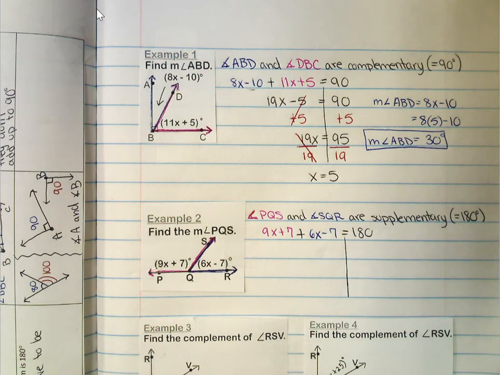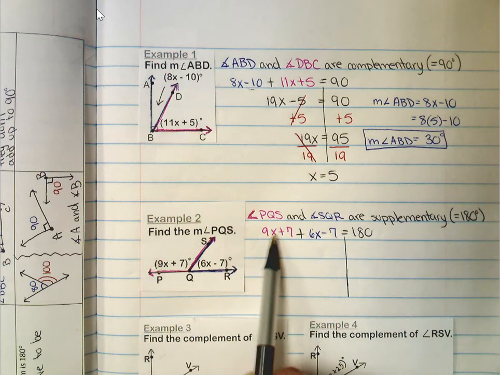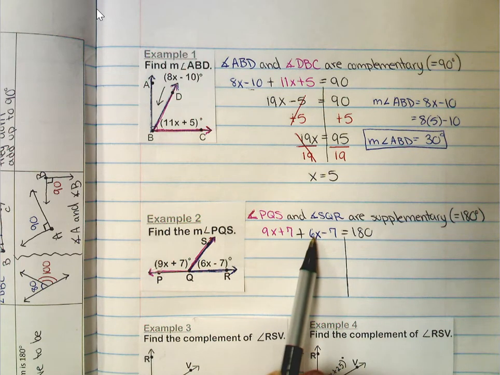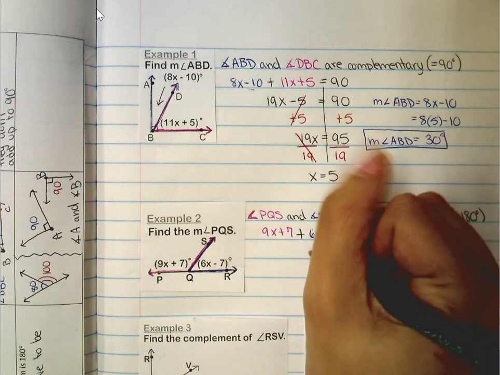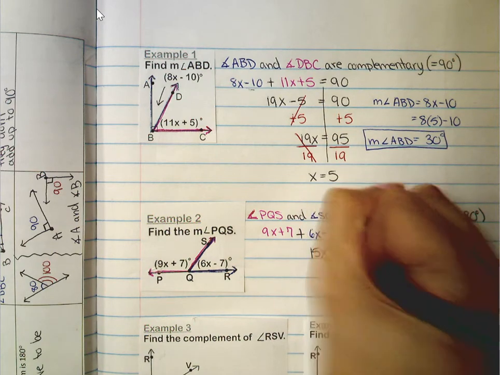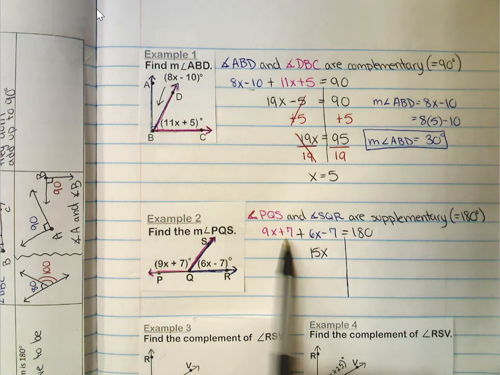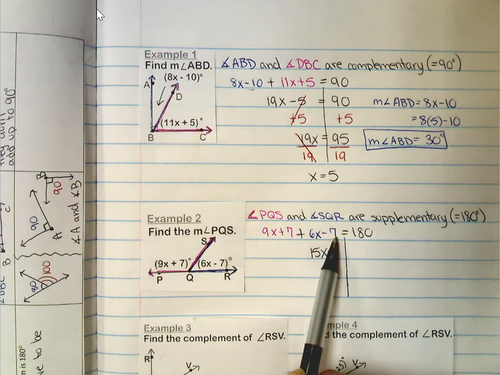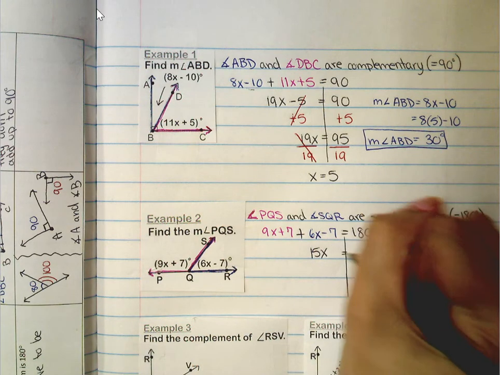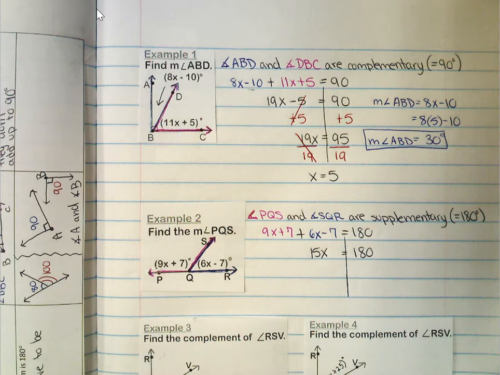First, add the x's. I have 9x here, and then 6x here, so that's 15x. Positive 7 plus negative 7 cancels out. So that's 180 on the other side.